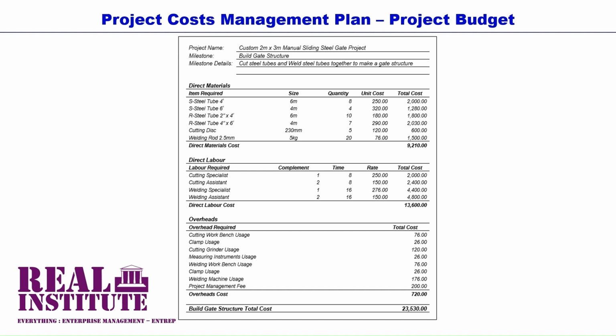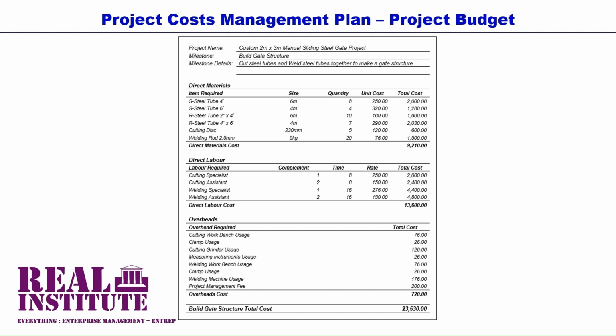Then a cost of 2,030 is for 7 4-inch by 6-inch rectangular steel tubes of 4 meter length, where a single rectangular tube costs 290, and therefore 7 tubes will cost 2,030. Then a cost of 600 is for 5 230 millimeter cutting discs, where 1 cutting disc costs 120, and therefore 5 discs will cost 600.